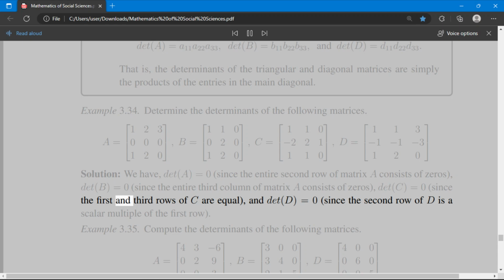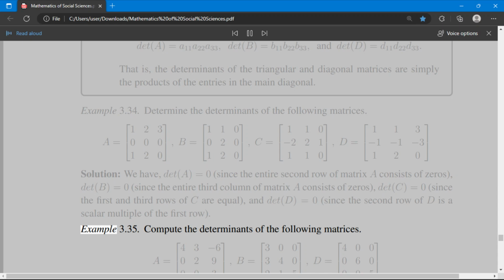Det C equals 0, since the first and third rows of C are equal, and det D equals 0, since the second row of D is a scalar multiple of the first row.